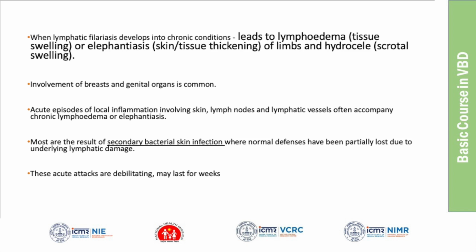When lymphatic filariasis develops into chronic conditions, it leads to lymphedema, that is tissue swelling, or elephantiasis, skin or tissue thickening of limbs, and hydrocele, that is scrotal swelling.